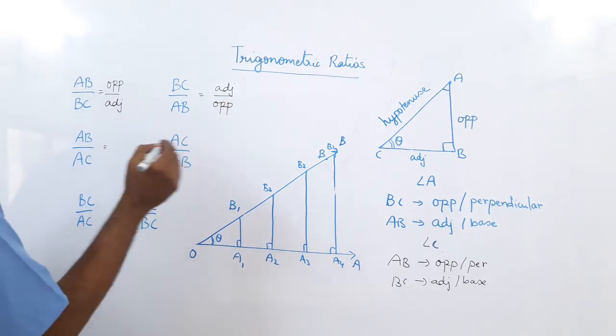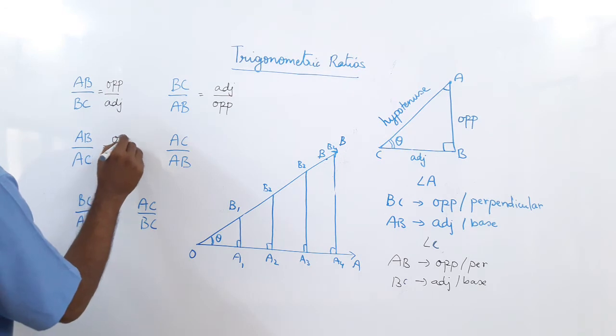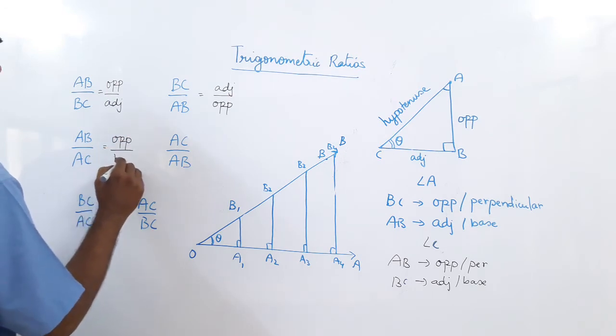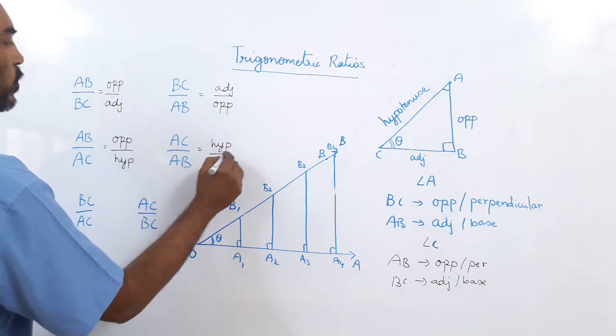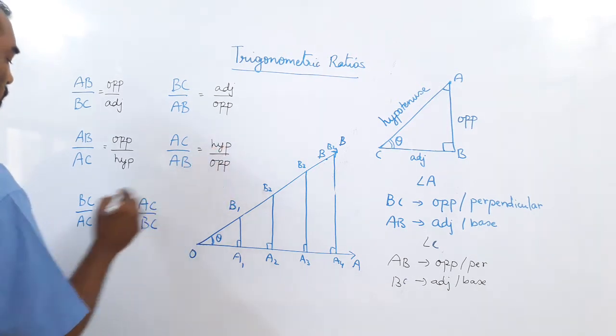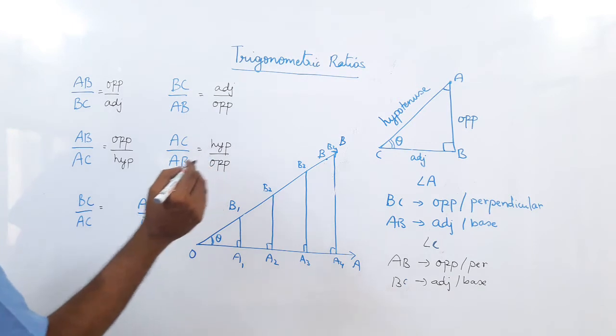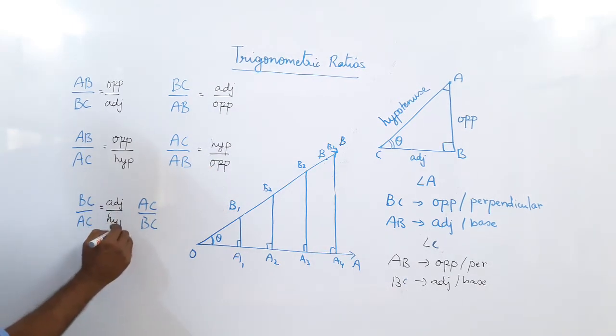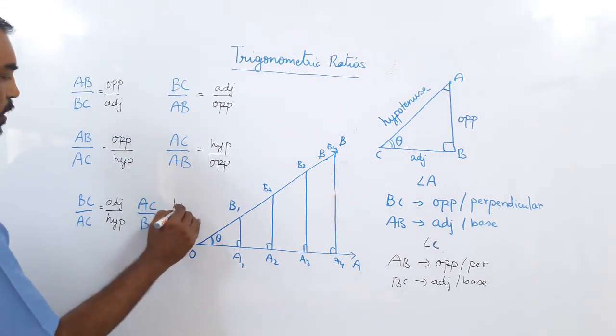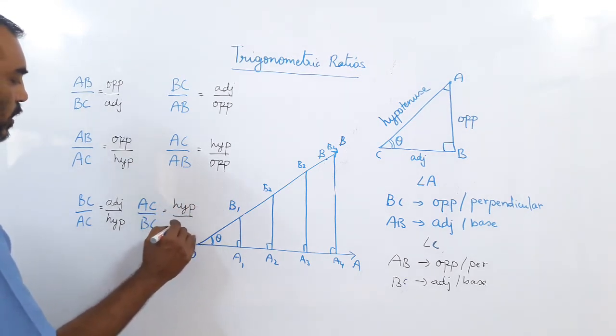This ratio is AB, again opposite upon AC. What is AC? The hypotenuse. And this ratio is hypotenuse upon opposite. This ratio is BC upon AC. That is adjacent upon hypotenuse, and this ratio is hypotenuse upon adjacent.